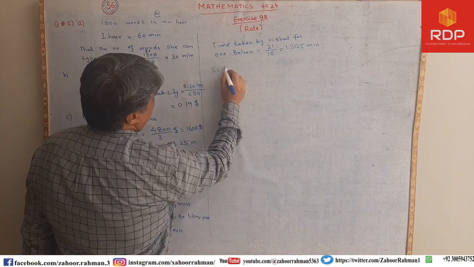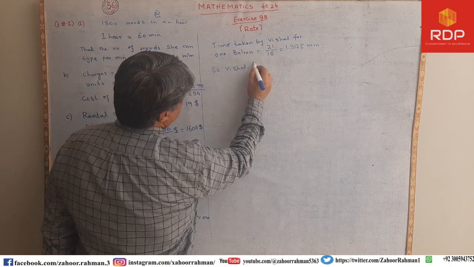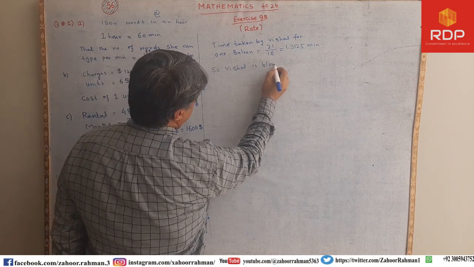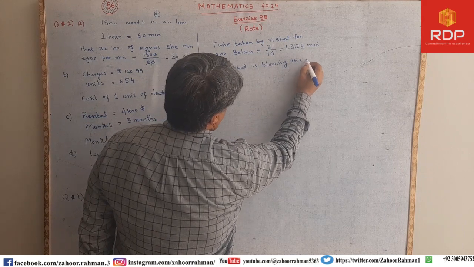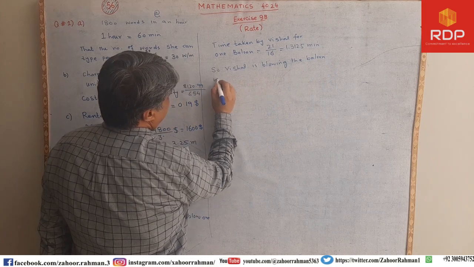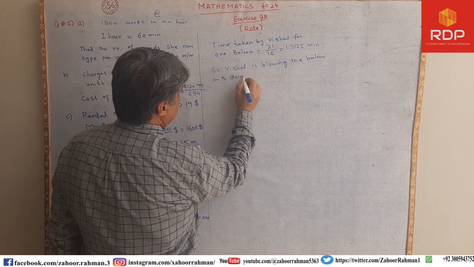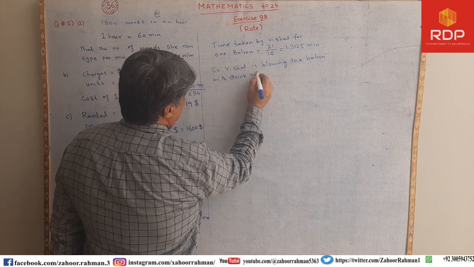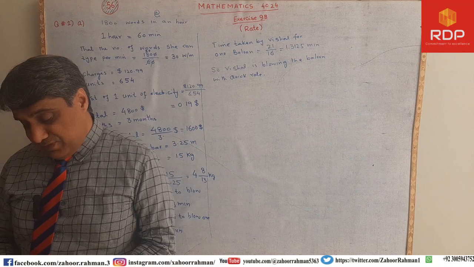So Vishal is blowing the balloon at a quicker rate. If you see all the values, the least time is taken by Vishal.